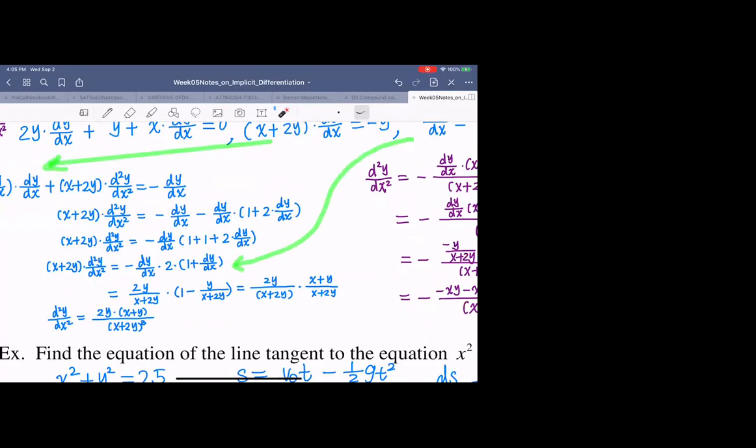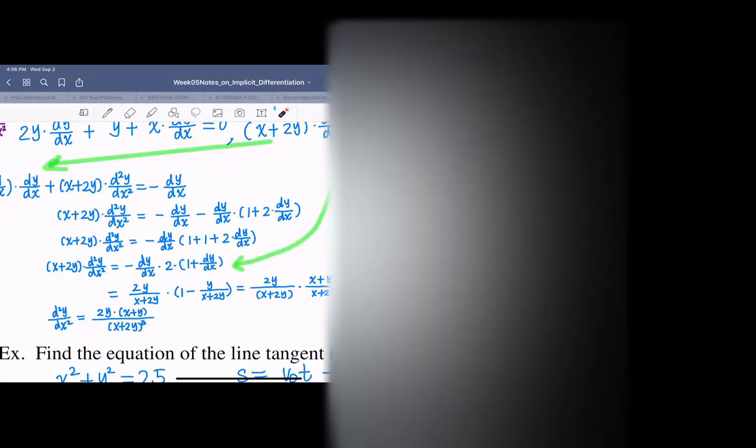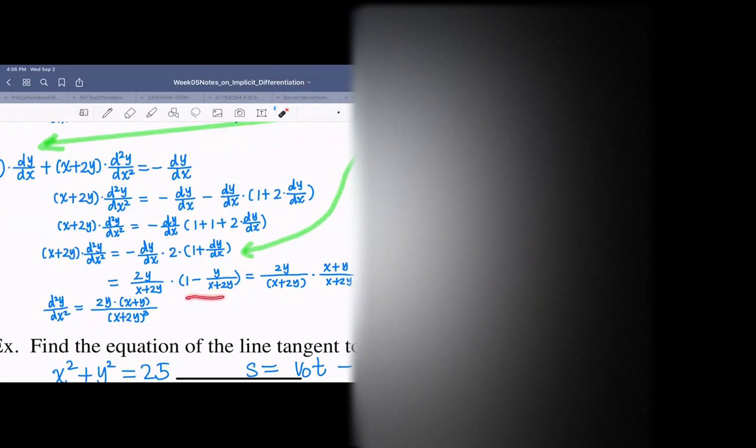Do you have the same answer? Did you get the same answer? Wait, can you explain the x plus y over x plus 2y again? This one over here?